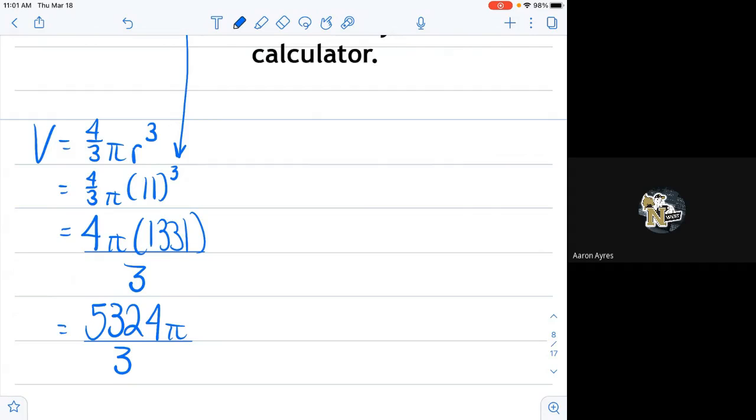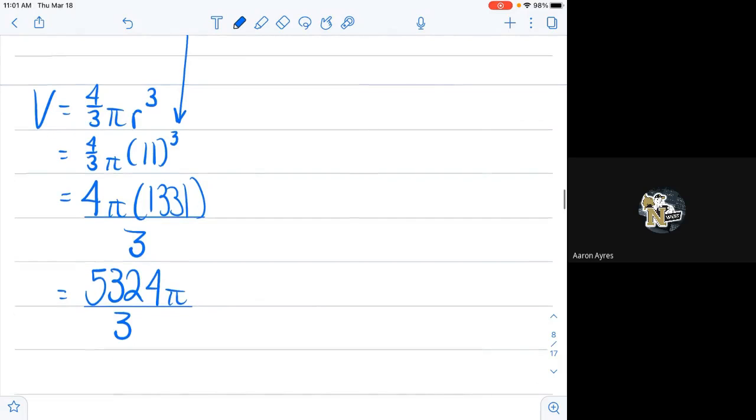Now, the unfortunate thing is that I don't think 5324 divides by 3 evenly. So what we need to do, at this point, is just go to the calculator. You have enough work here. You've shown me that you know where the radius value goes. You simplify as much as you can without getting a lot of approximations. That's enough for your point for work. Now, go to the calculator and get it finished up. Let me show you what I mean.